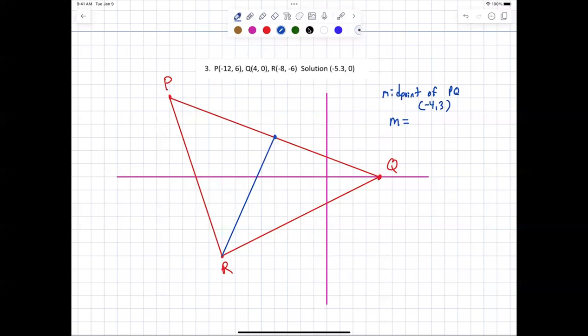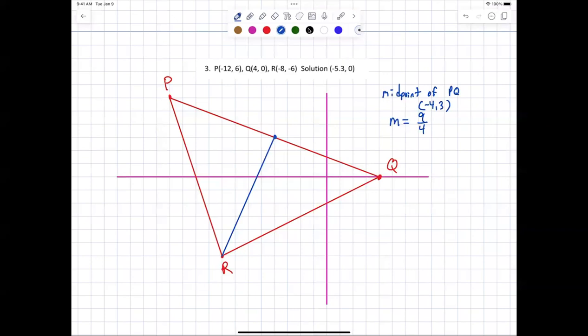Come on, guys. -9/4. Anybody get -9/4? Is it negative or positive? Be careful. Do you agree? Now again, we don't want to make mistakes on the positives and negatives. 9/4, do we agree? So slope is 9/4. Anybody have a problem with that?